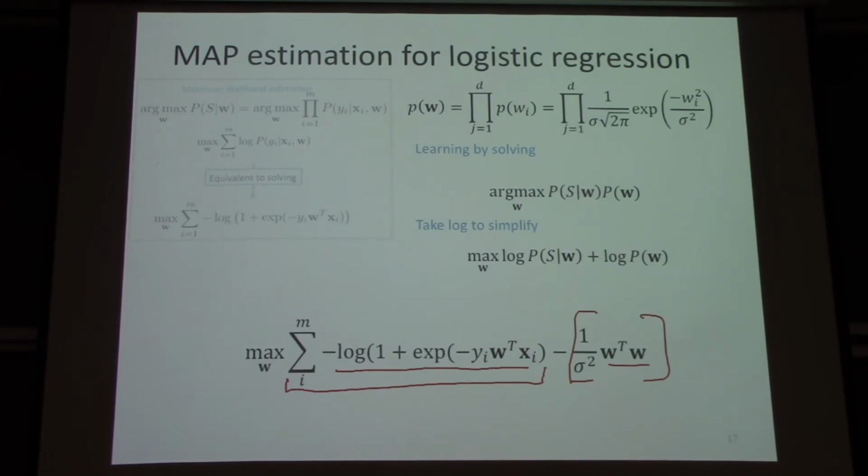This quantity here is exactly the same as if I get rid of all the negatives. This is the same as min over W, the sum over i, log of 1 plus exponent of minus y_i W transpose x_i, plus the norm term.